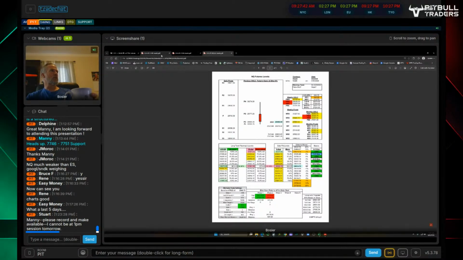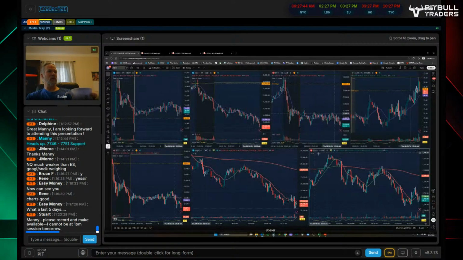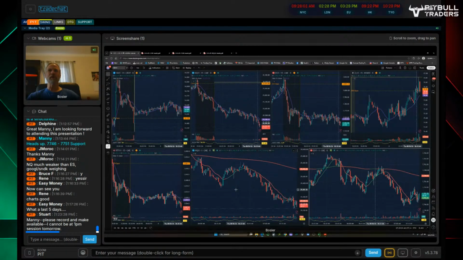So it was an awesome rally a couple days ago, and it really started to accelerate harder when NQ reclaimed that 50-day back on Tuesday. That 50-day came in around 482 or so.